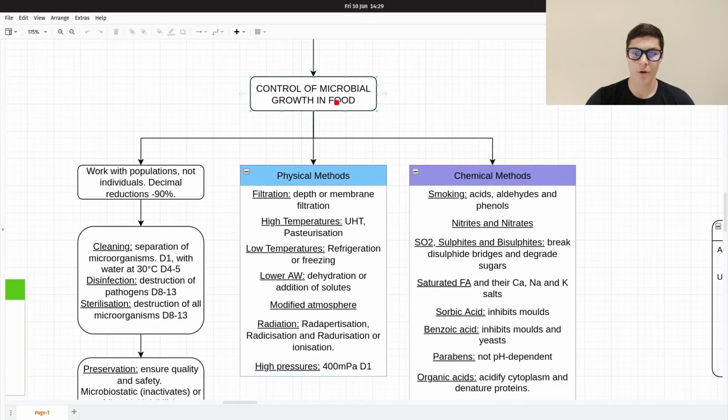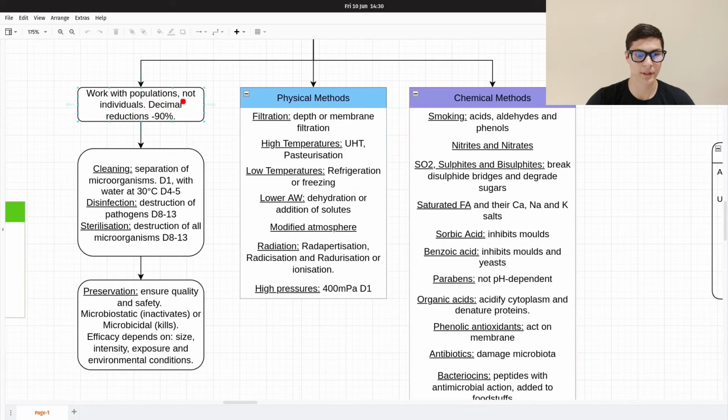Control of microbial growth in food. How do we do that? Well, we have to work with populations, not individuals, as I said. And here we have the concept of decimal reduction. That's the 90% less of the population. So, having that in mind, we can say that cleaning is the separation of microorganisms, and it has only one decimal reduction.